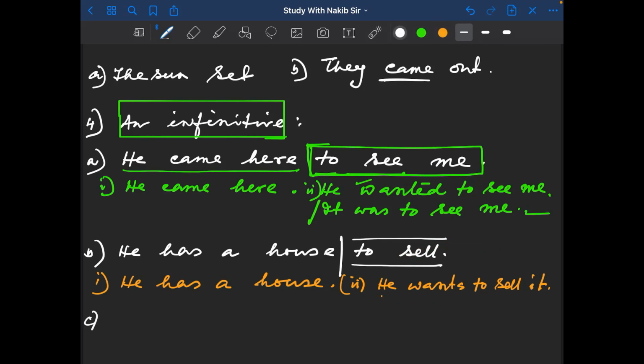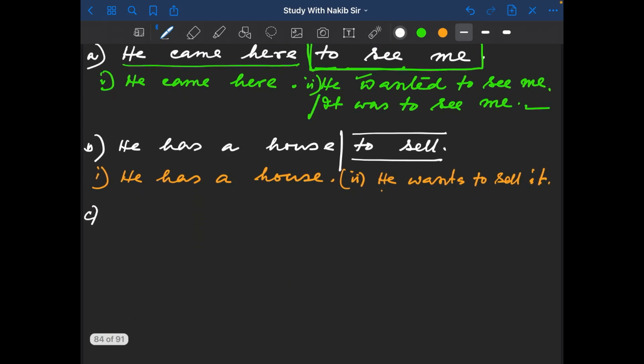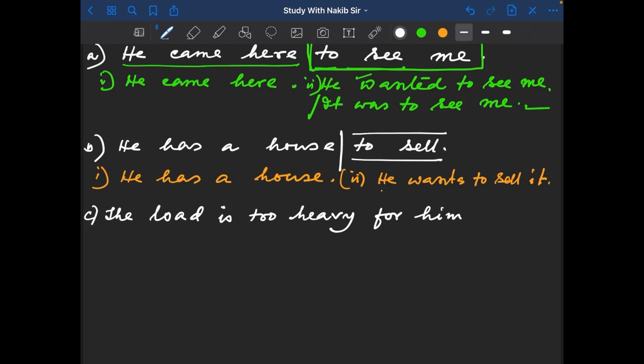Okay, now take another example. Number C. The load is too heavy for him to carry. For him to carry. Okay, now see, for him to carry.